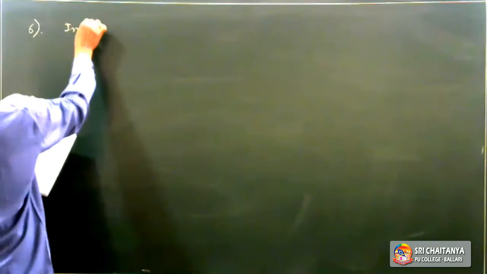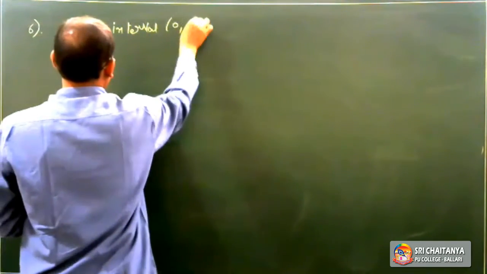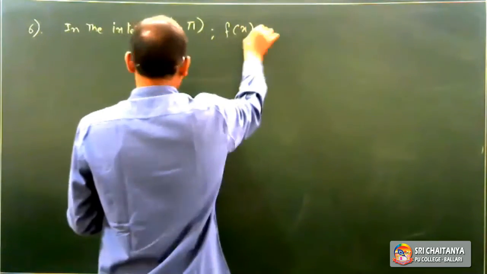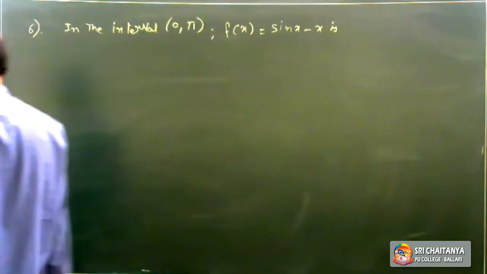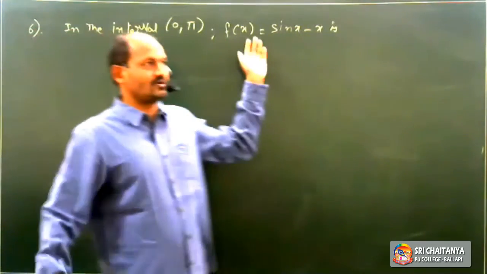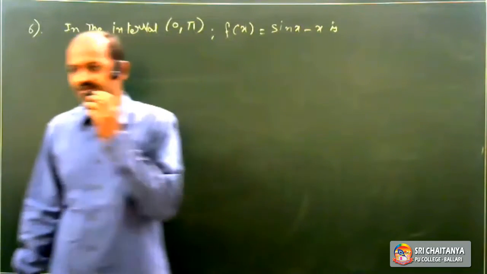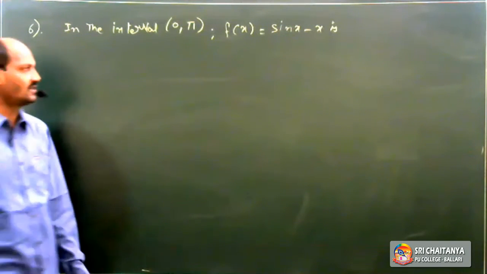In the interval 0 comma pi, f of x is equal to sin x minus x. The options are increasing, decreasing, sometimes increasing and sometimes decreasing, or neither.